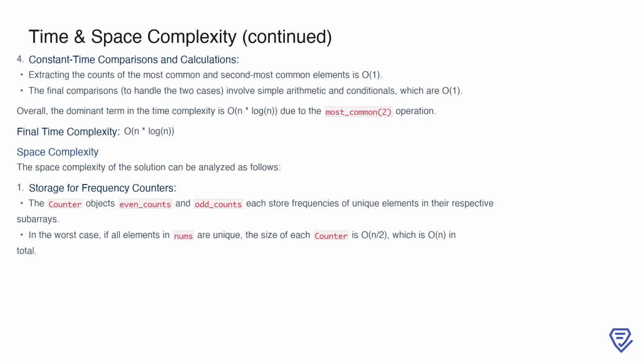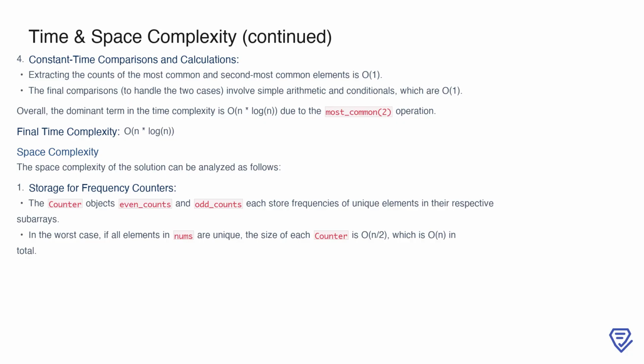Extracting the counts of the most common and second most common elements is an O(1) operation because we're only accessing pre-computed values. Similarly, the final calculations to determine the minimum operations involve simple arithmetic and conditional checks, which are also O(1). When we combine all these steps, the dominant term in the time complexity is the n log n, contributed by the most_common(2) operation. Thus, the overall time complexity of the solution is n log n.